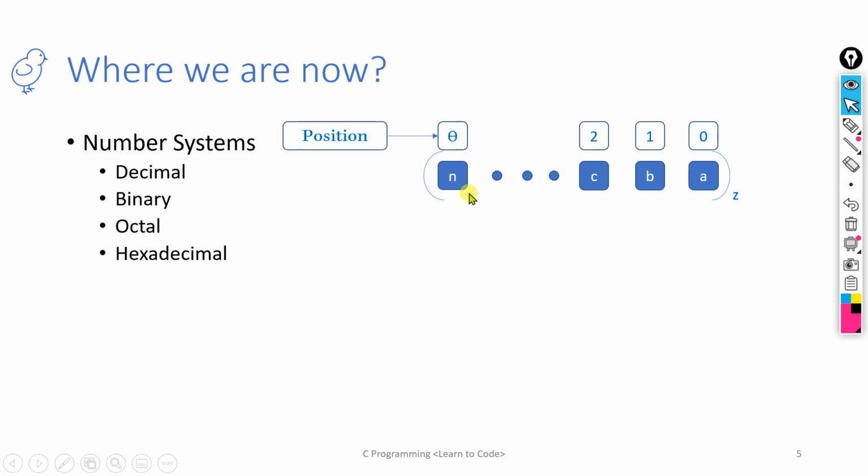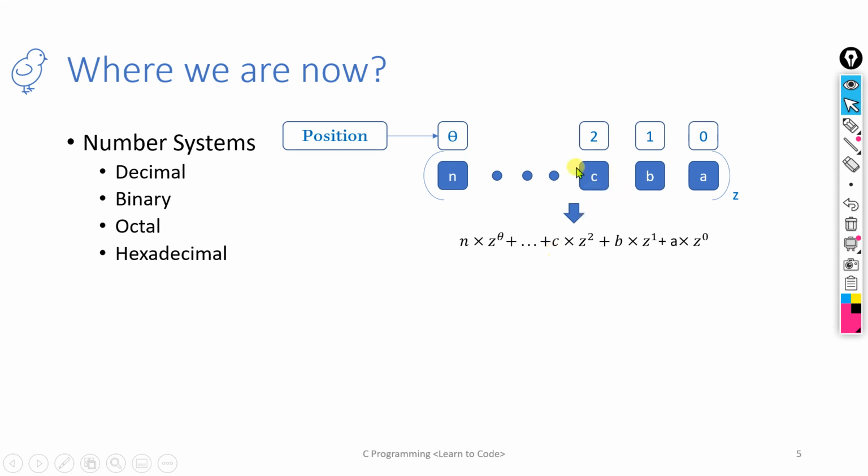Now if this type of number system is given and you perform this operation. What is the operation? You will multiply the digit by the base to the power of the position. Here the digit is n, the base is z, so n into z to the power theta, plus dot dot dot.